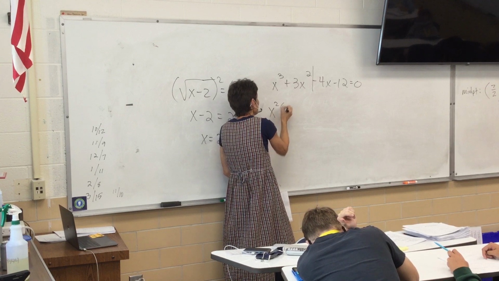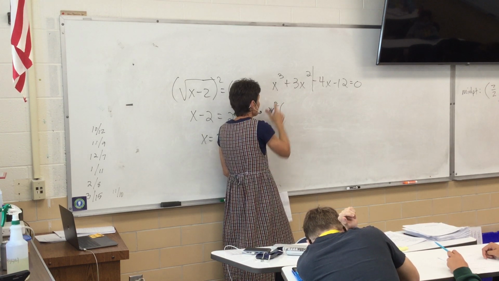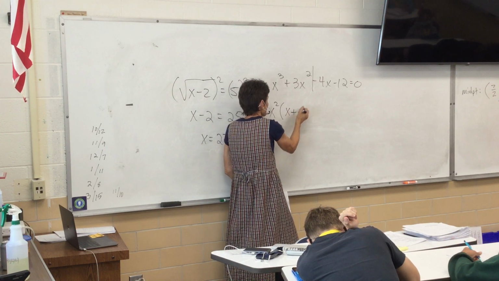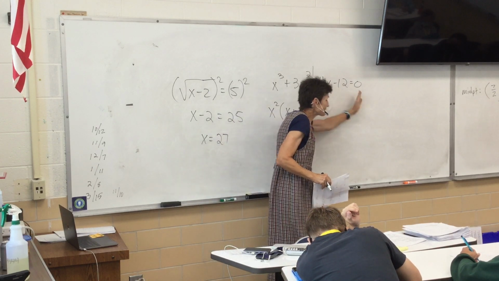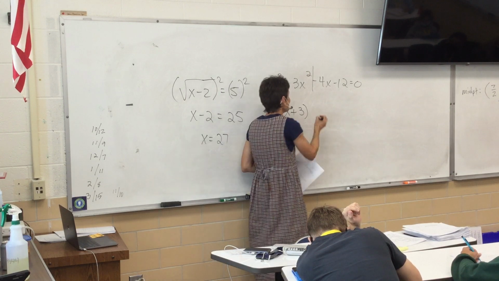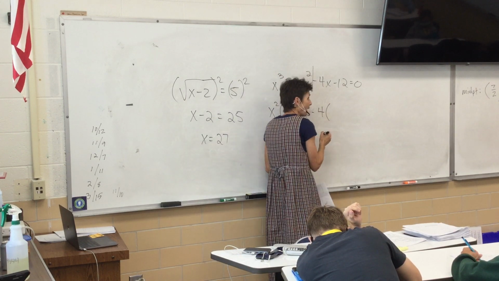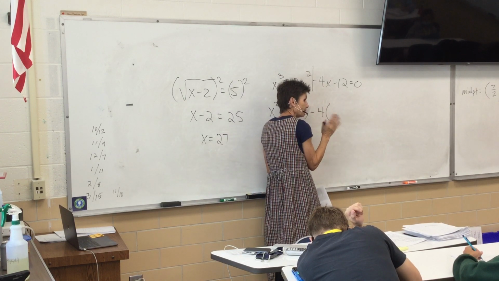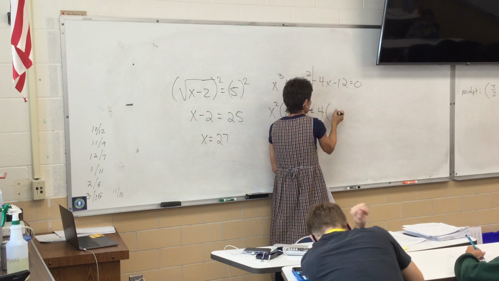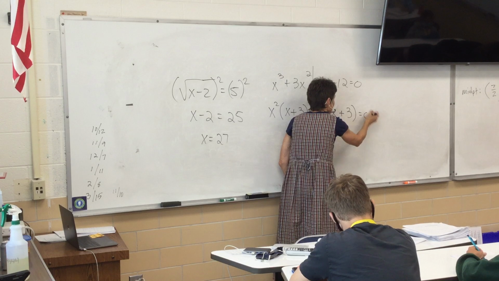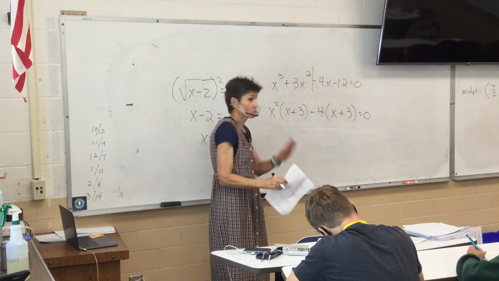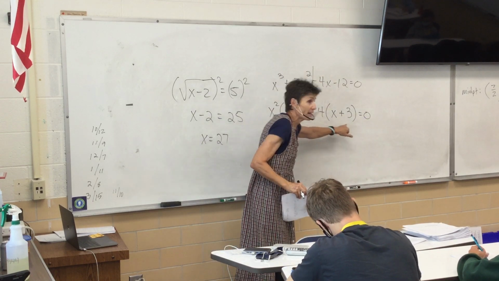So what comes out of this half? X squared. Leaving me with X plus 3. What comes out of this half? Negative 4 again. Now watch it. I'm taking out a negative 4. So that's going to leave me with an X plus 3. Which is great news because remember these have to match.